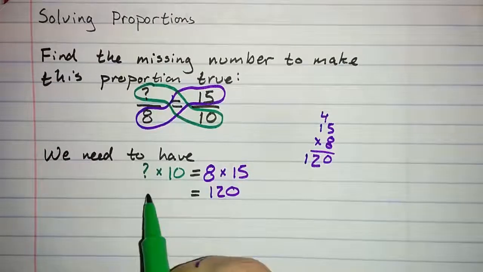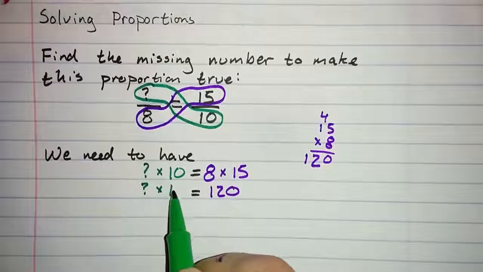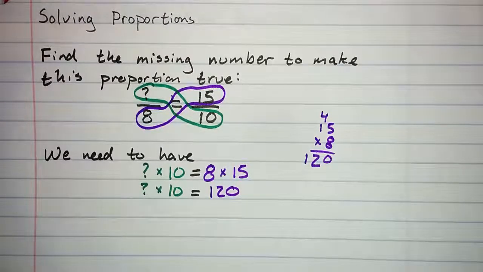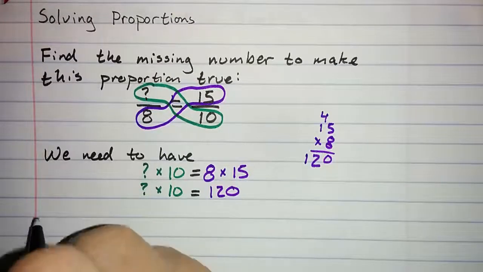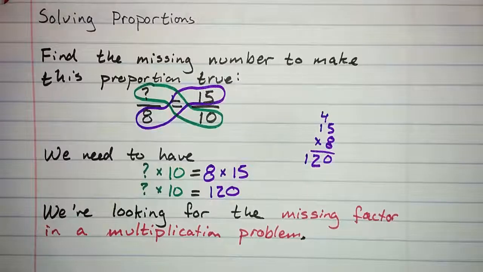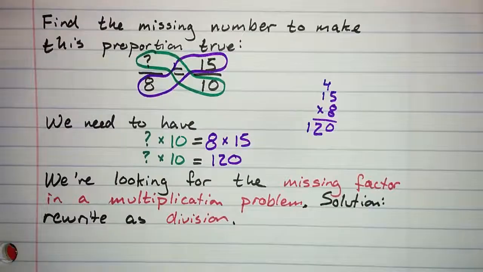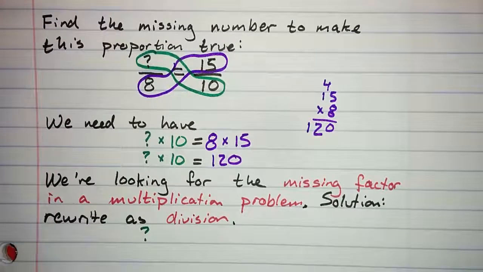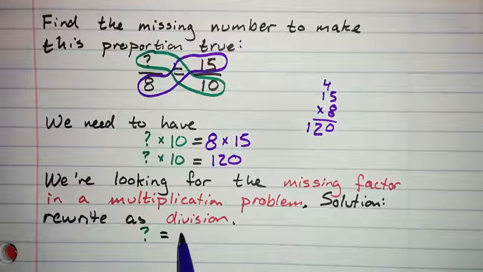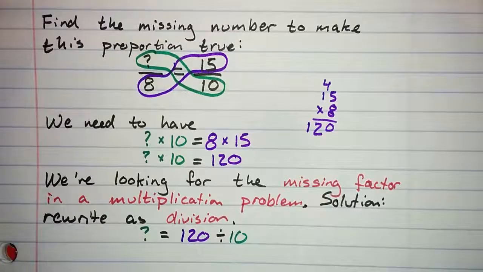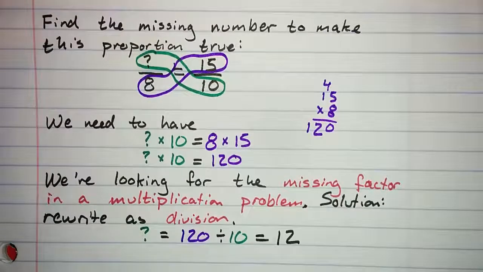We need to have our missing number times 10 equal to 120. So what we're really looking for here is the missing thing in a multiplication problem. How do we find the missing factor in a multiplication problem? Well, that's what division is. Our missing number is going to be just 120 divided by 10. We know what 120 divided by 10 is. Our missing number is 12.